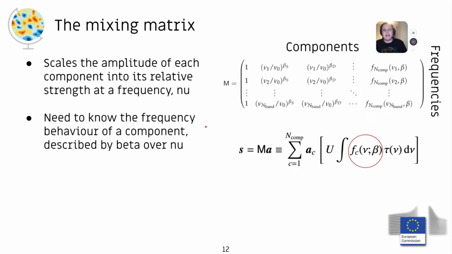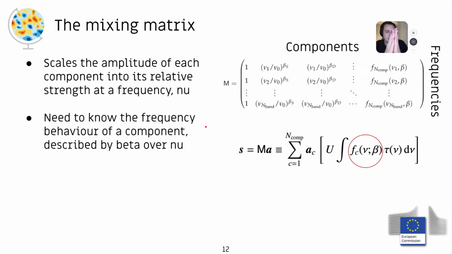So the mixing matrix. You've heard rumors about this before. You might remember from Dr. Watts's lecture on amplitude sampling that this is what we're interested in, especially for spectral index sampling. So we want to know how the amplitude of a component scales from the reference frequency of that component to the different observing bands.